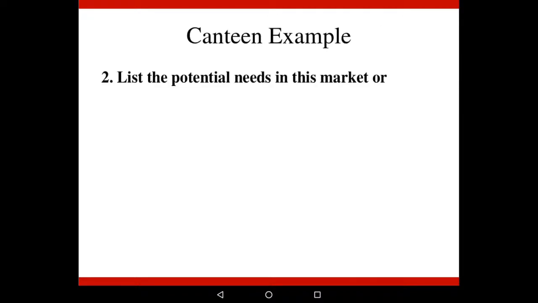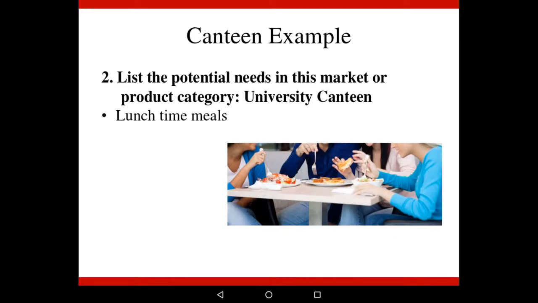Okay, so if we look at our example of a university canteen, some of the needs include people want to usually eat lunchtime meals. They also want snacks in between, drinks. They want it to be open late, especially for part-time students. They want it to be open early. Let's say they're studying early in the morning, before class, so they want to get coffee and things like that.